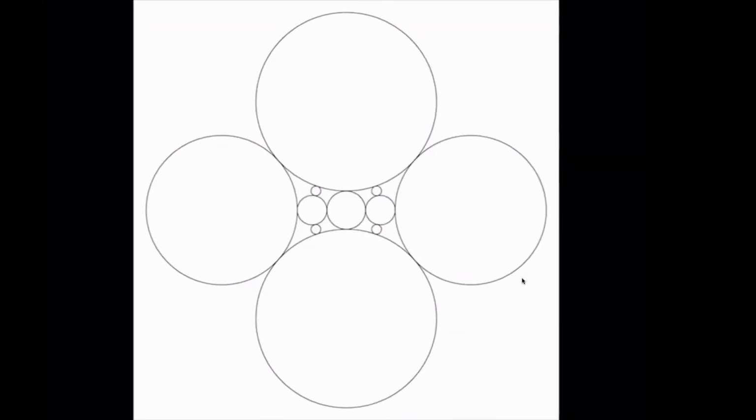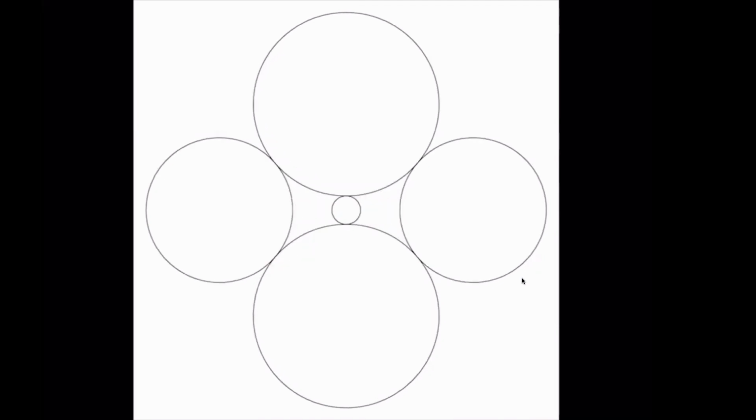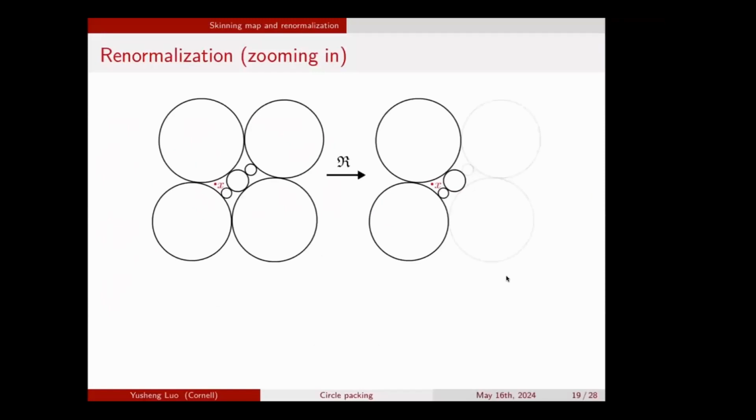As we add more details to this circle packing, the lower level circles stabilize exponentially fast. And that's the content of our exponential convergence theorem for finite approximation. Okay, so once we have this exponential convergence, the existence and uniqueness part follows almost immediately. I'm going to skip that.